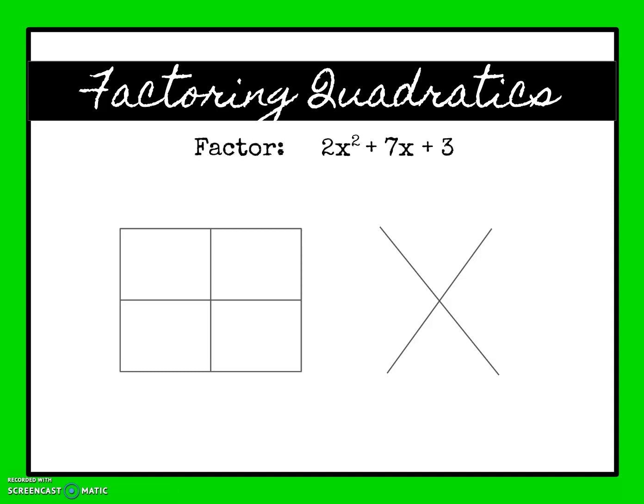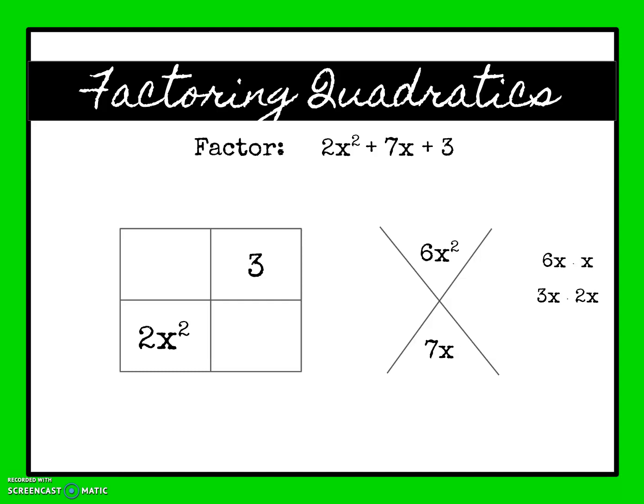2x squared plus 7x plus 3. 2x squared and 3 go in my corners. Make sure they're in opposite corners. I multiply those together to get my product. I look at how many x terms I have to get my sum. I'm looking for two factors of 6x squared that add to 7x.